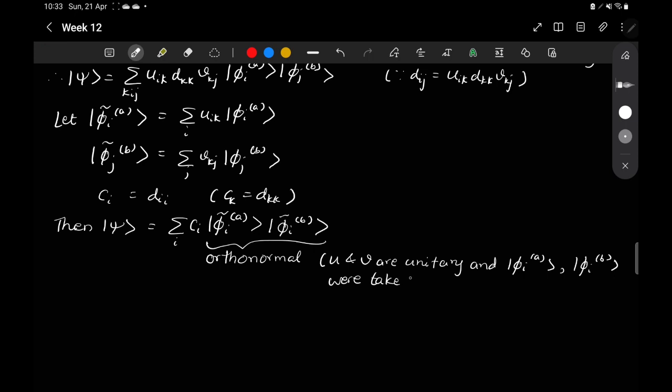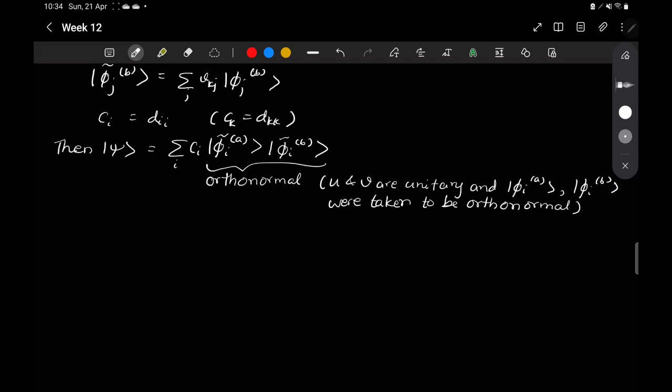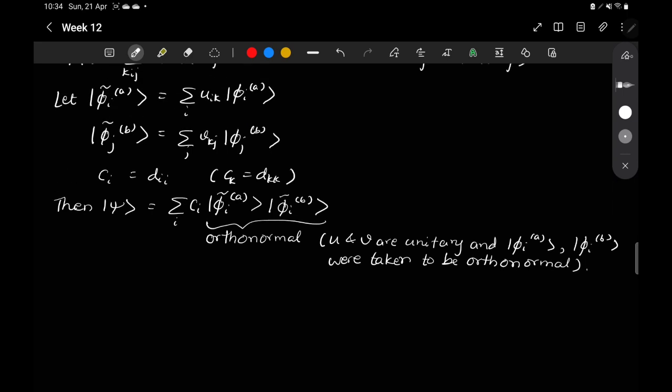As a result, this phi tilde are also orthonormal. So thus we have proved the existence of Schmidt decomposition. So this is the Schmidt decomposition.